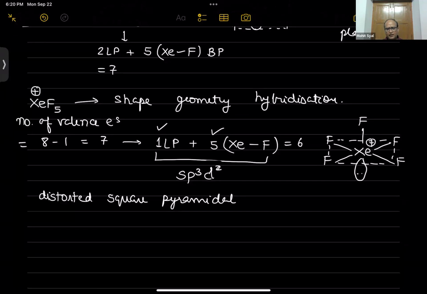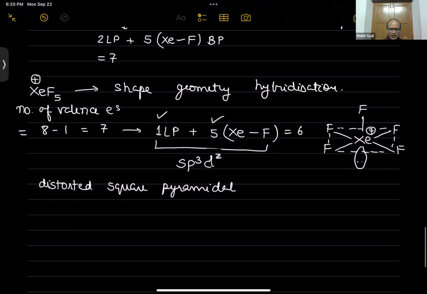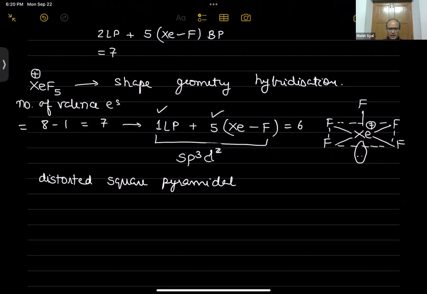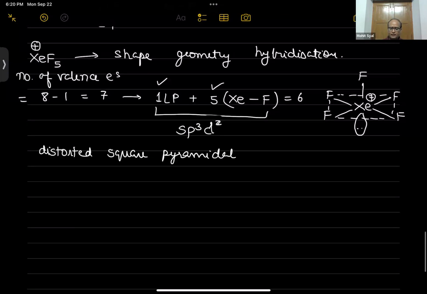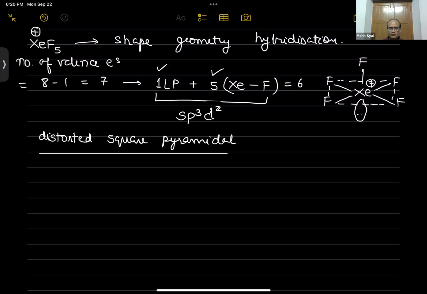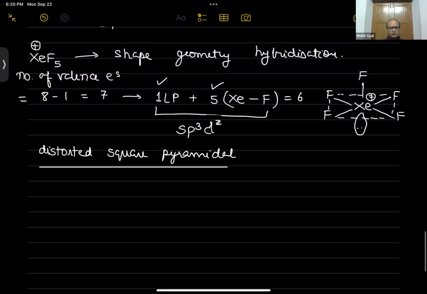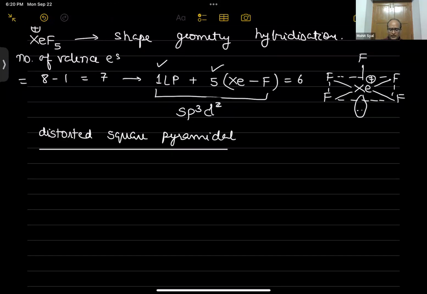First count the sigma bonds and lone pairs, and accordingly you put the lone pair in these. Is it clear or not? Got it? Distorted square pyramidal geometry. I hope this is clear to you.